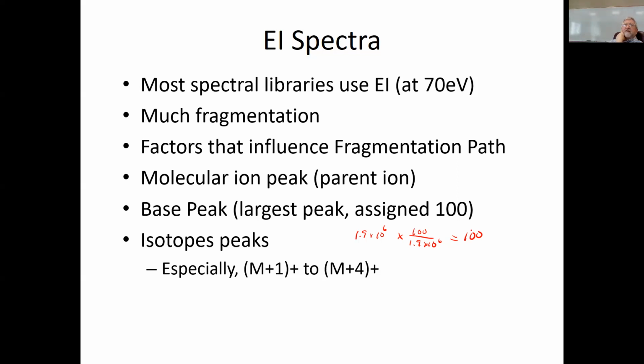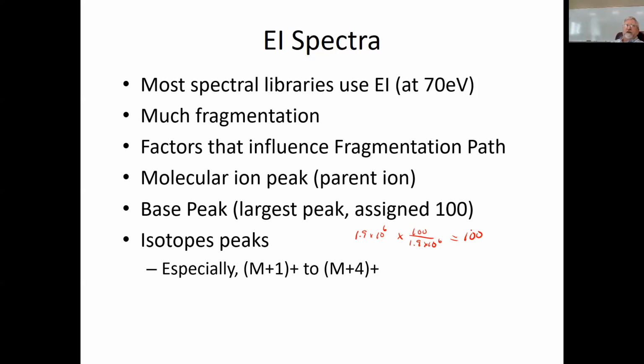And the reason for that is that hydrogen is 99.99% hydrogen 1 and only 0.01% deuterium. So the probability of it is really, really, really low. The probability of carbon 13 is somewhat low, at about 1%.